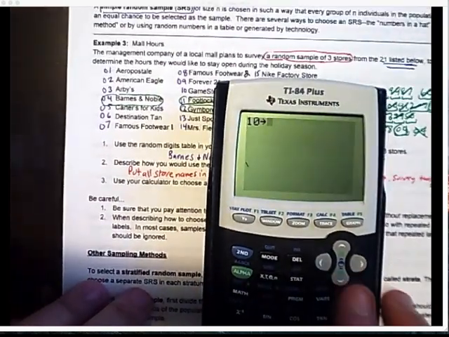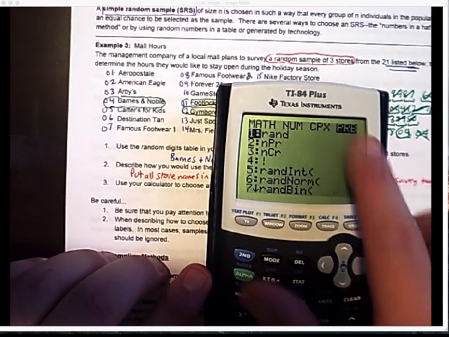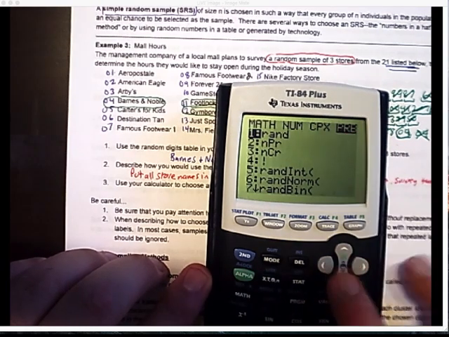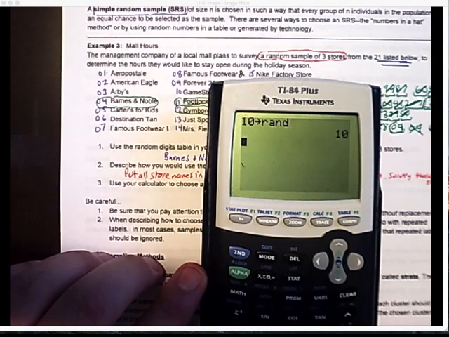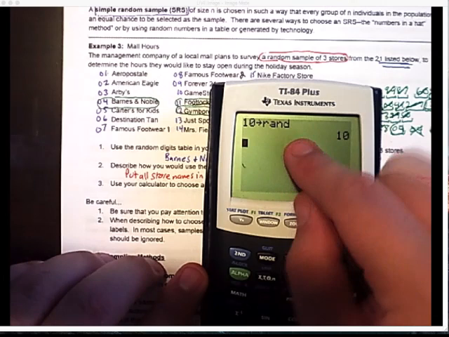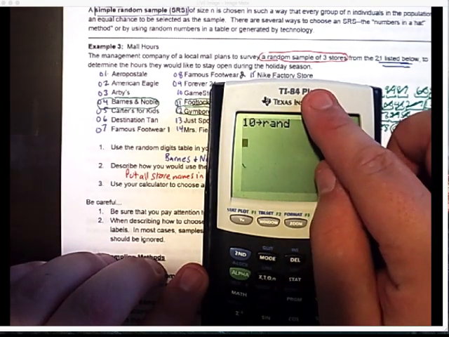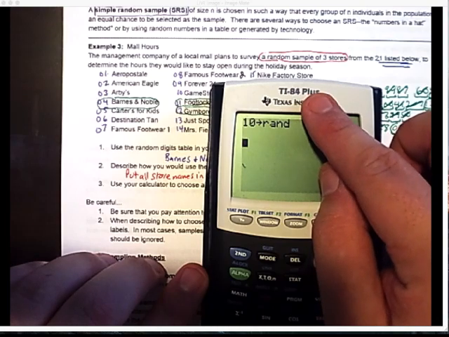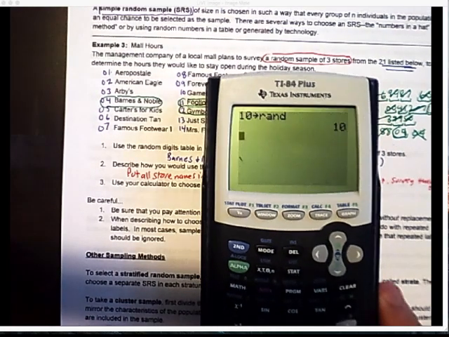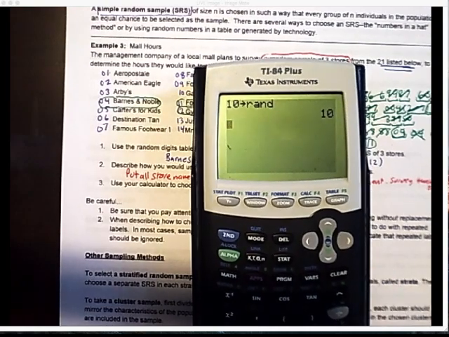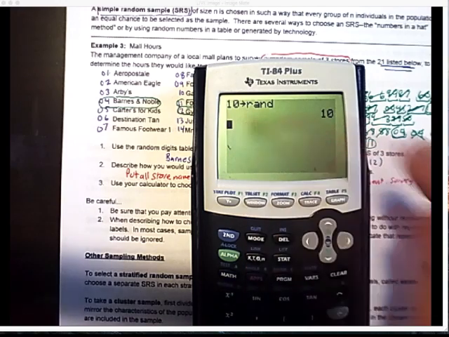Okay. And now go math, go over to the probability section and choose option 1 for RAND, and just choose that. All right, what I've actually done is I've seeded my calculator. Now, if you're using the same model calculator that I am, what I do next, you should get exactly the same listing. But here's how we can do this in the calculator. Here's how we can get random digits. You pick a number to seed, all right?